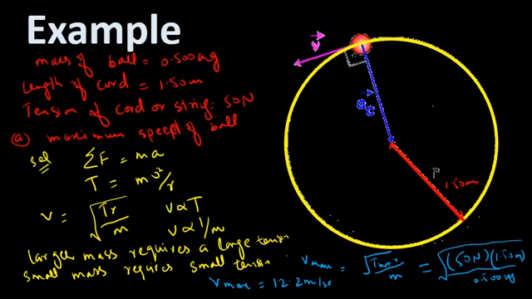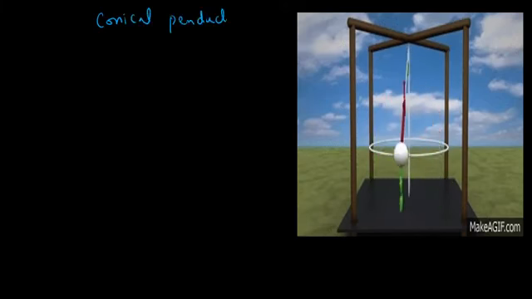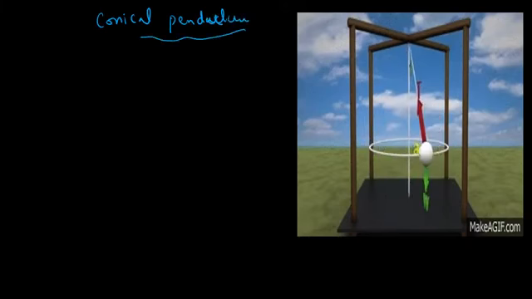Okay, so now we come to another problem, and this is an example of a conical pendulum. This is called a conical pendulum. Here you can see that the body of mass m, or ball, is suspended from a string of length L, and it moves in a circular path over a horizontal circle.